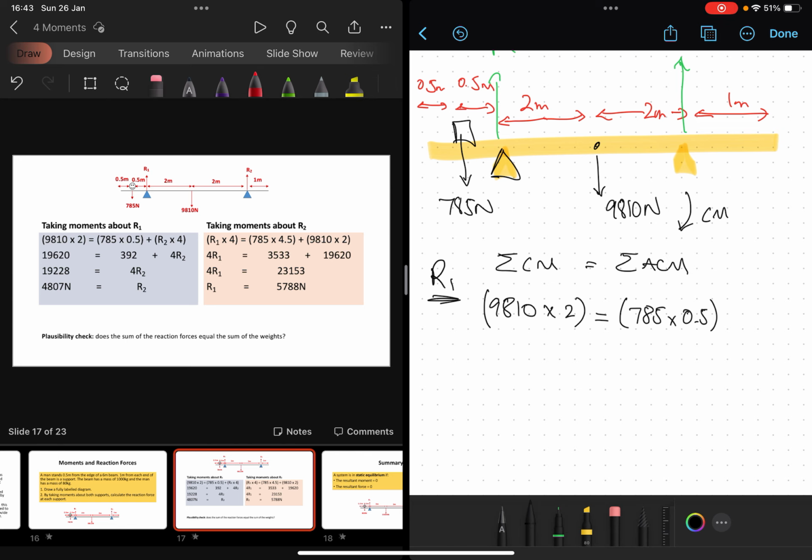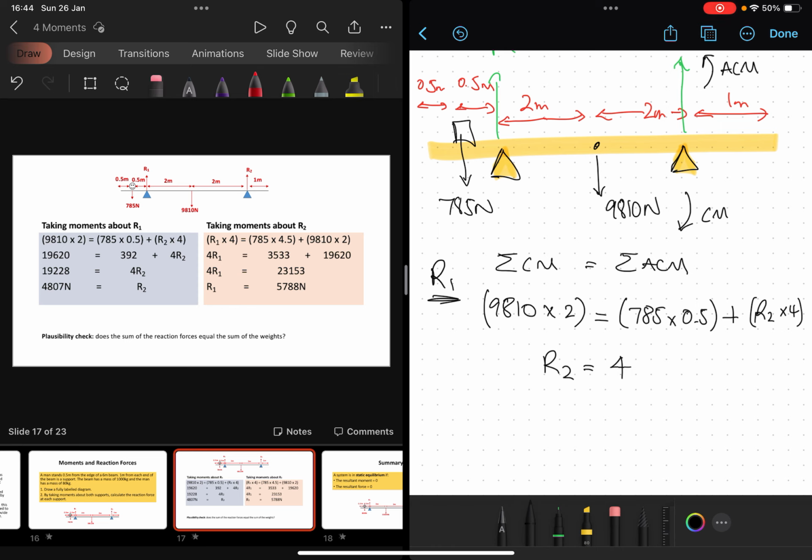However, we've also got pivot number 2 pushing upwards, providing an anti-clockwise moment. The beam is pushing down on pivot 2, and in response pivot 2 pushes upwards. So we've got the force R2, and it is 4 meters away from the first pivot. You solve all of that, and you can work this out for yourself.